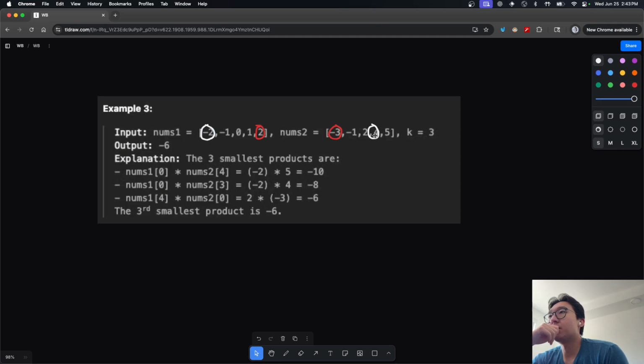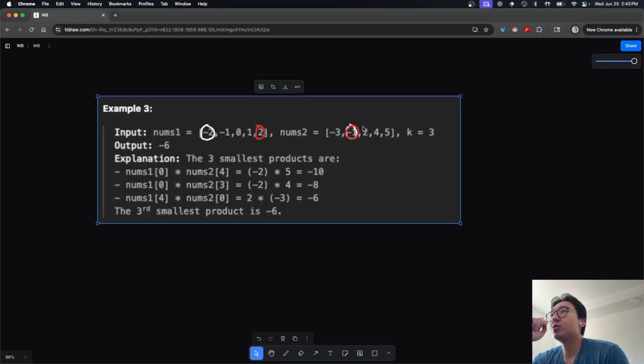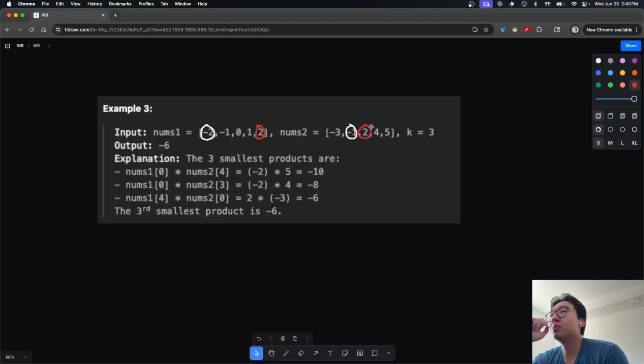That's good. So we boom. -2 times 4, that's good. So boom. Now this is better. Which one's better now? -4 or -2? -4. So we go boom. Which one's better now? -2 or -2? -2. So we do boom.